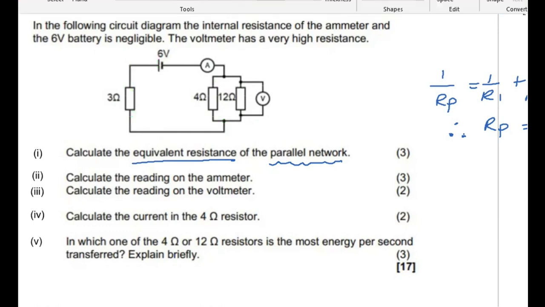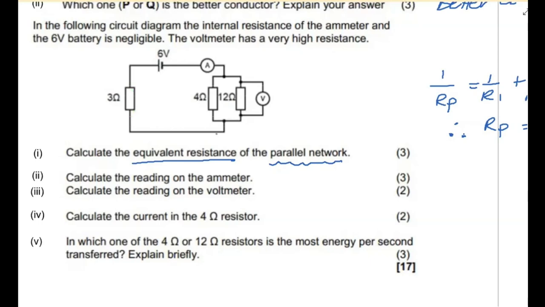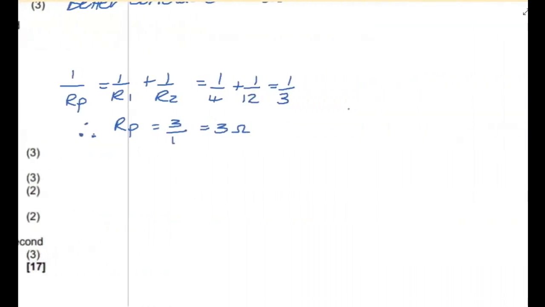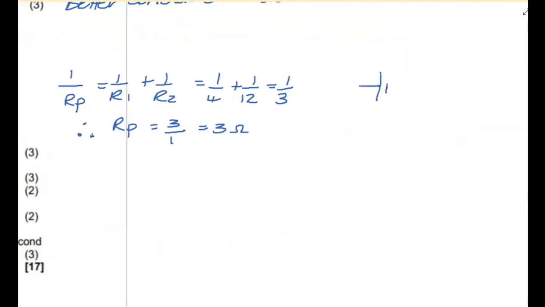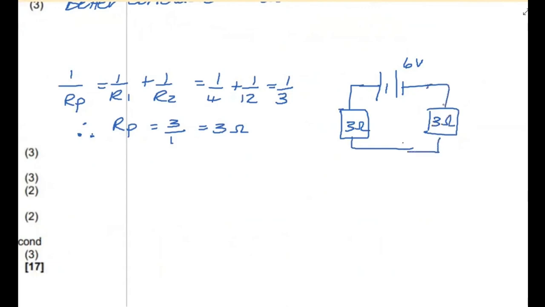Okay. So now they want you to find the reading on the ammeter. Oh yes, I did want to just talk about this word equivalent. What does that mean? What I wanted to show you is that it means the following. I could have replaced both of those with one single 3 ohm resistor, and it would have had the same effect in my circuit.